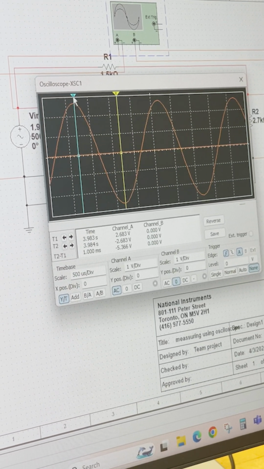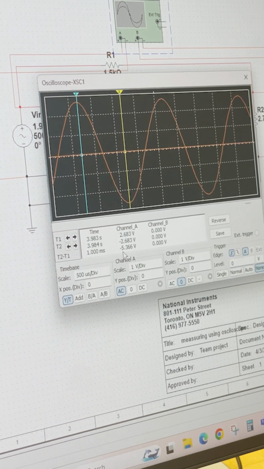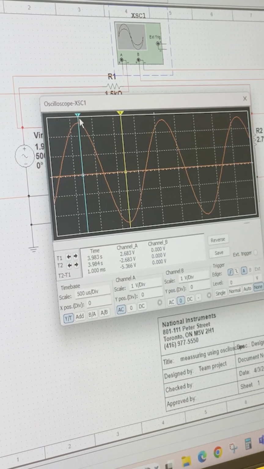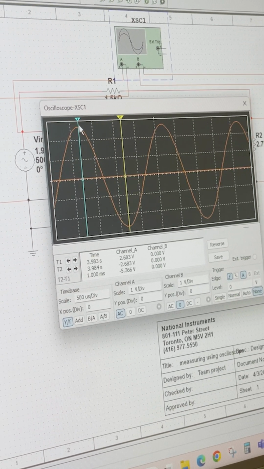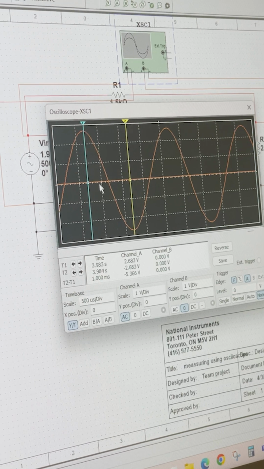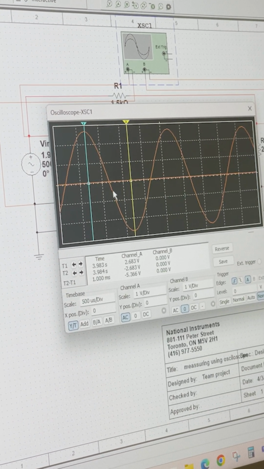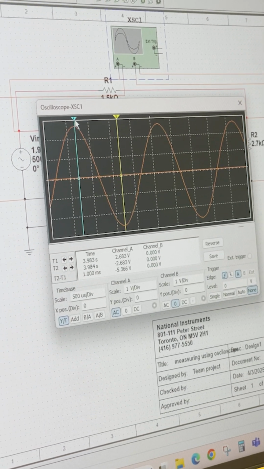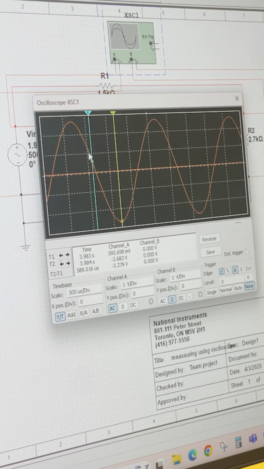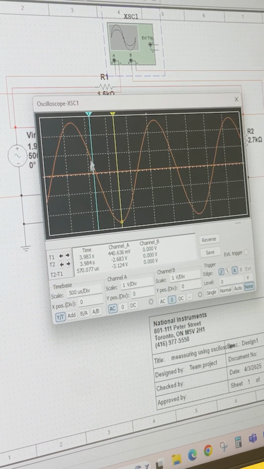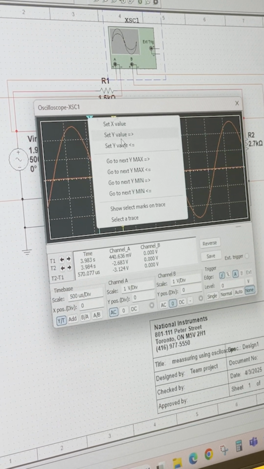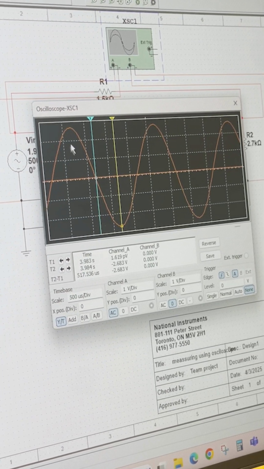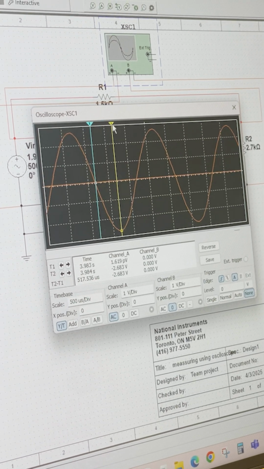And my voltage peak to peak for channel A is 5.36 volts. I'm also, for channel A, going to demonstrate how to collect my period, and you can do that by going here and setting it to 0.